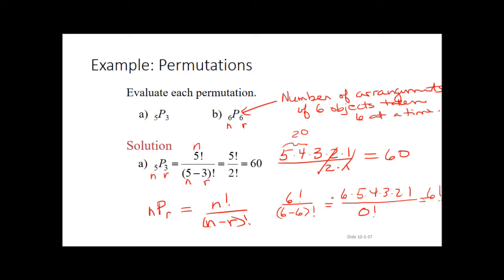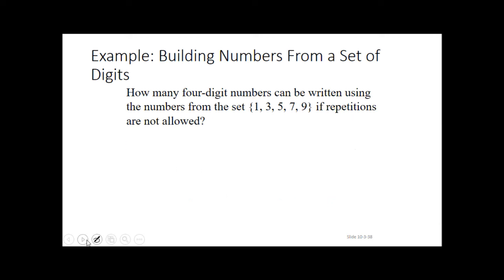So it makes sense that we would get 6 factorial, and that is 720. Okay, let me know if you have a question.